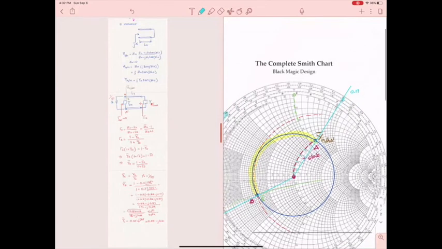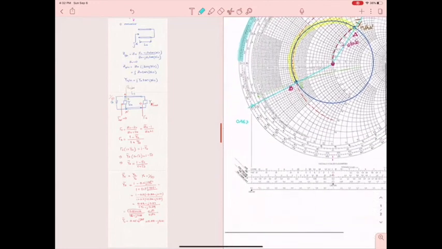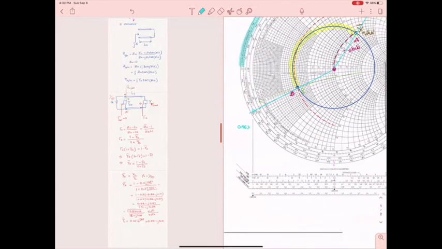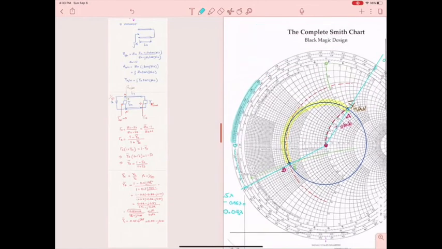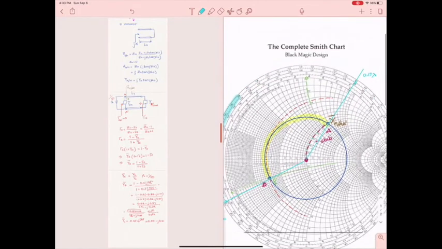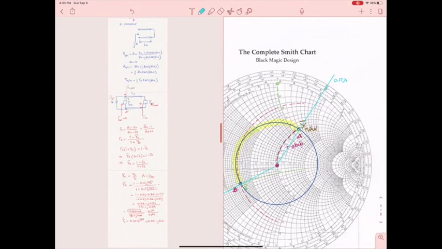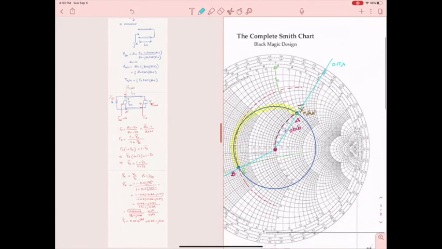So practically you have to find the following. You find here, how much is the difference, the distance from here to the center? So it's 0.5 lambda minus 0.46. So this distance here is 0.04 lambda. And from the beginning, from the origin 0 to that point here, it's 0.17.